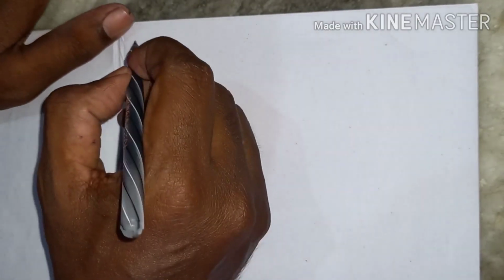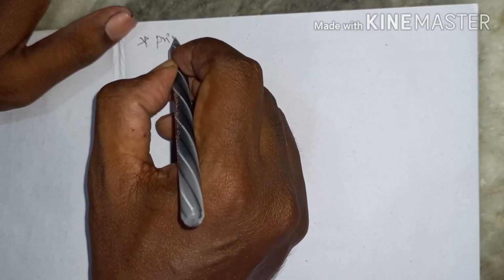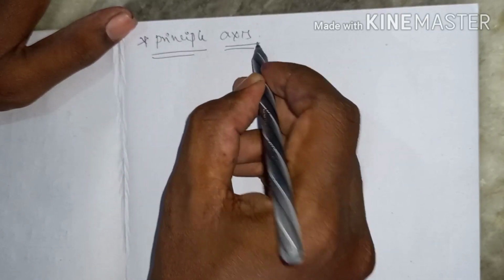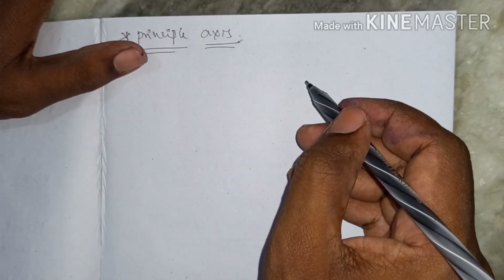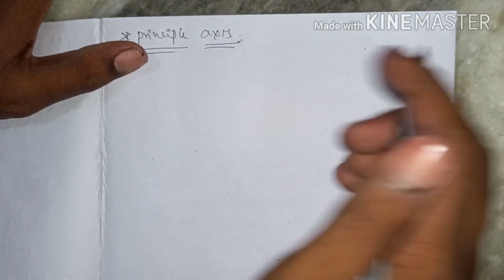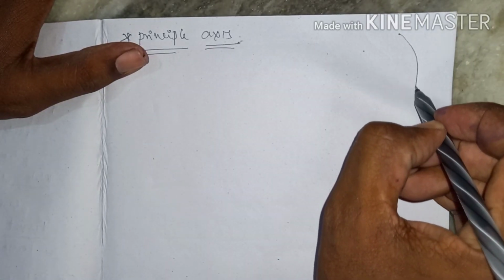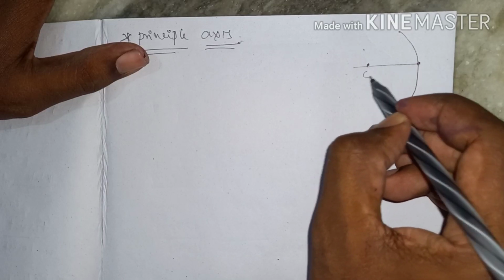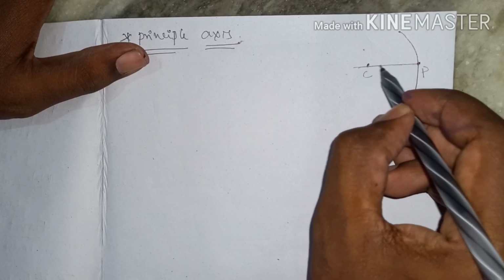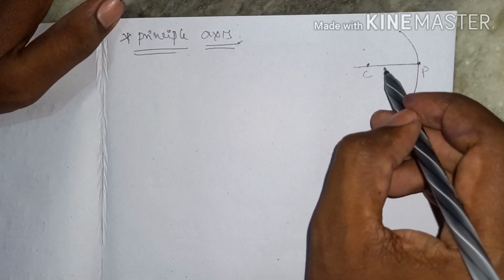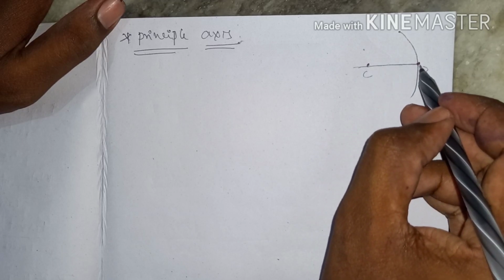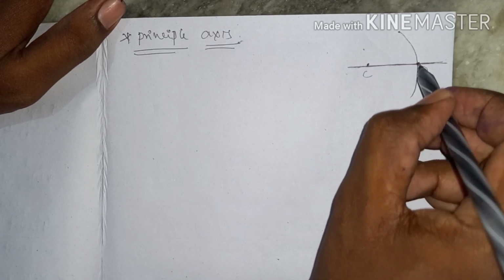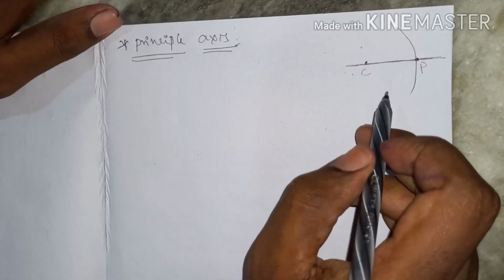Next one, principal axis. What is the principal axis? Previously we studied center of curvature and pole. Now the term principal axis: the straight line which is passing through the pole and center of curvature we call the principal axis.